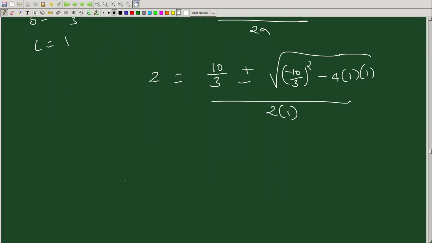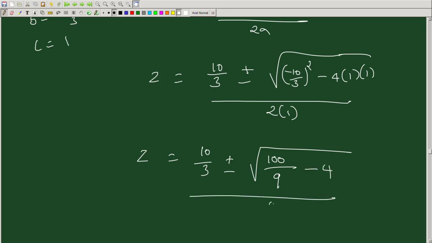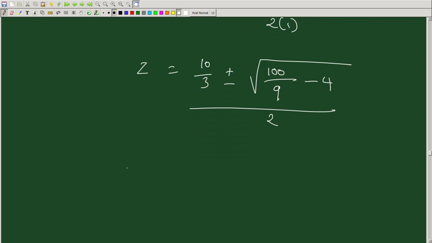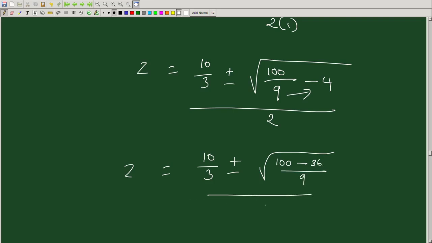Doing simplification to find the factors. So z equal to 10 by 3 plus or minus square root of 100 by 9 minus 4, whole divided by 2. Again doing simplification, I am finding the factors. Z equal to 10 by 3 plus or minus square root of, doing the LCM, 100 minus 9 fours are 36, divided by 9, whole divided by 2.